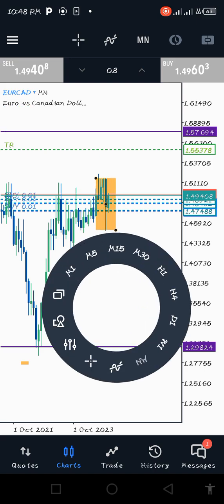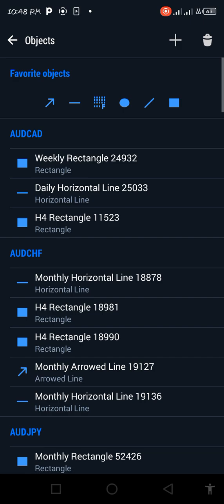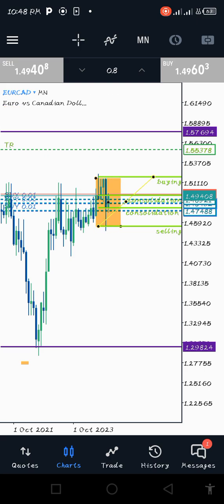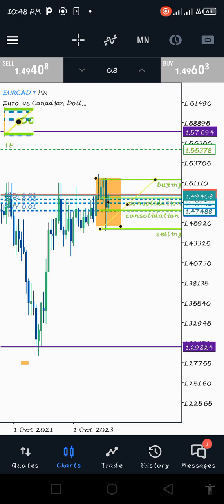We can see that price is consolidating, and we can judge things until we draw our edited fib. What is our edited fib telling us? Price is now buying.